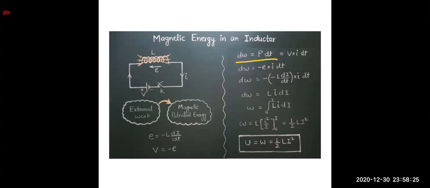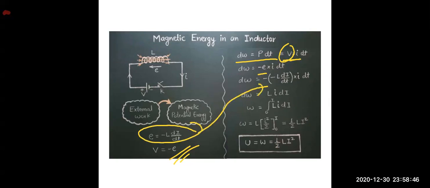Now we know P equals VI, right? So instead of P, we are putting V into I. And instead of V, we can substitute the value as minus E. So dW equals minus E into I dt. Now we can substitute the value of E from this equation.